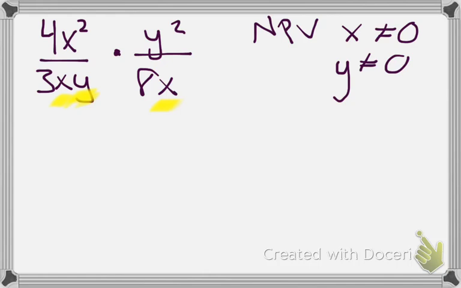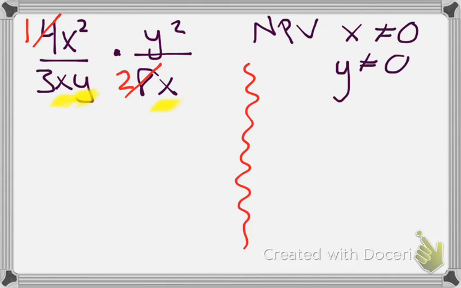For solving this, there are two ways we can think about this. I'm going to show both ways. The first way is if we simplify and then multiply. If I was going to simplify and then multiply, I'm going to look at my original equation and think about simplifying. I have a 4 on the top and an 8 on the bottom, so that can simplify to 1 and 2.